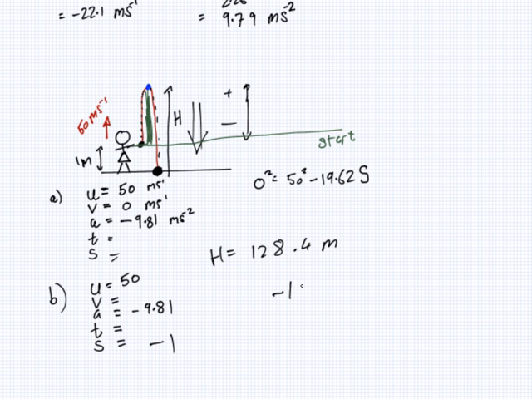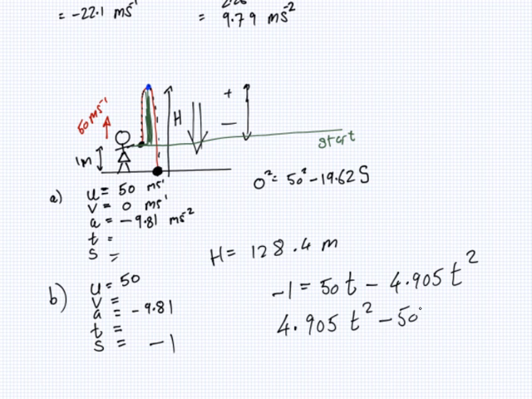So we can use our formula, S equals ut plus a half a t squared. Or we can rewrite this as 4.905 t squared minus 50t minus 1 equals 0. What type of maths problem is this?